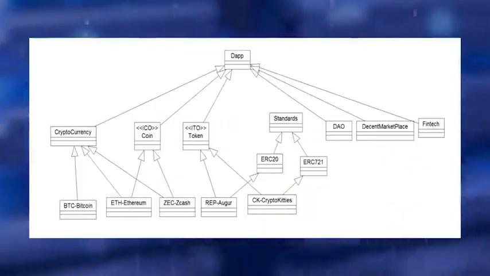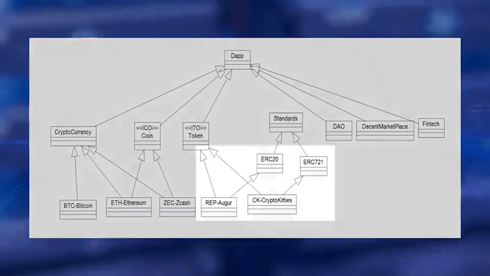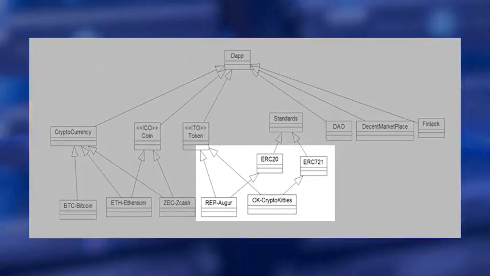Once again, there are so many token DApps in play, yet we have covered only two. In the hierarchy diagram, you will also notice that both Augur and CryptoKitties inherit from standard tokens ERC20 and ERC721 respectively. More on this in the next lesson.